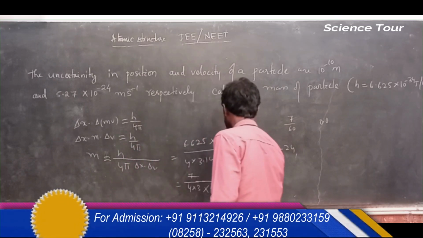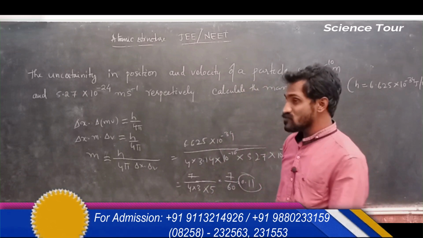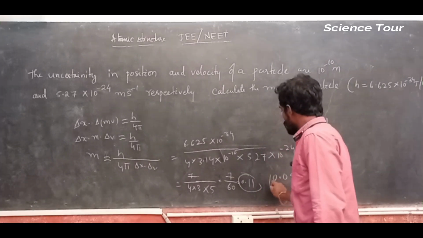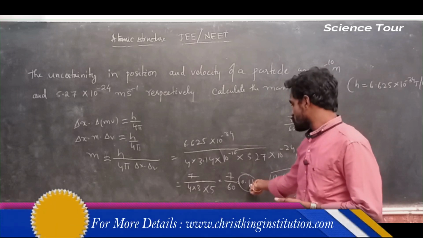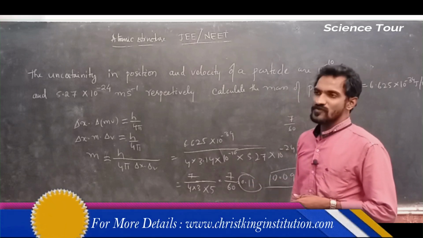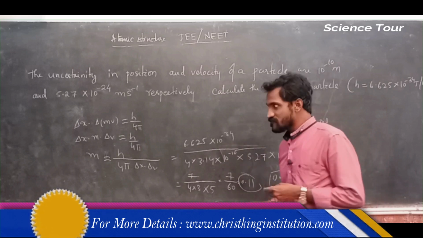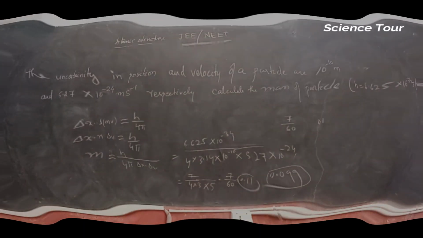Understood? The mass value is 0.11, but the actual value you are getting is 0.099. So, my dear students, by the shortcut method also you are getting nearly the same, don't worry about that. If 4 options are given, at that time you can check. This is the method. Please note this one.